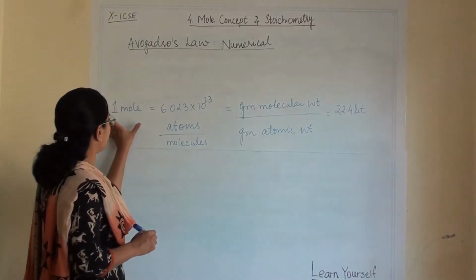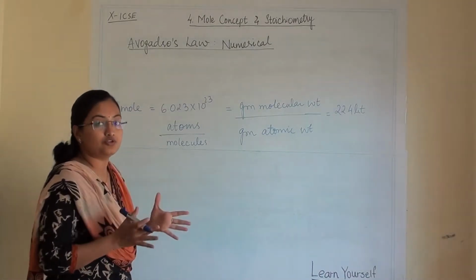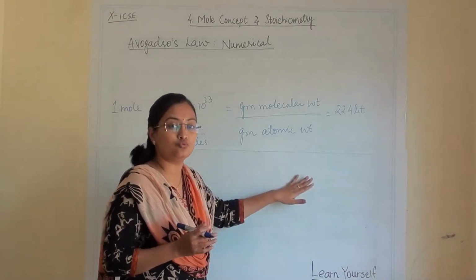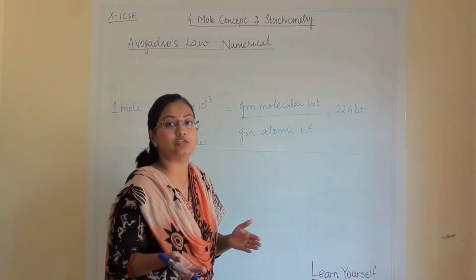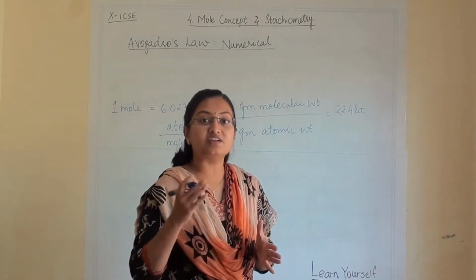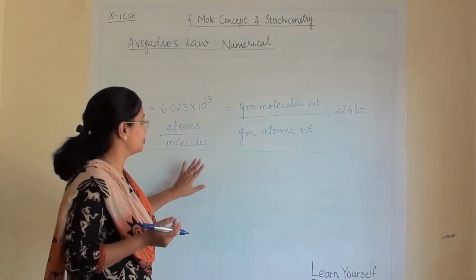Whenever you take any atom or any molecule, these relations hold true for atoms as well as molecules. It can be sulfur or it can be sulfur dioxide. This holds true for both.